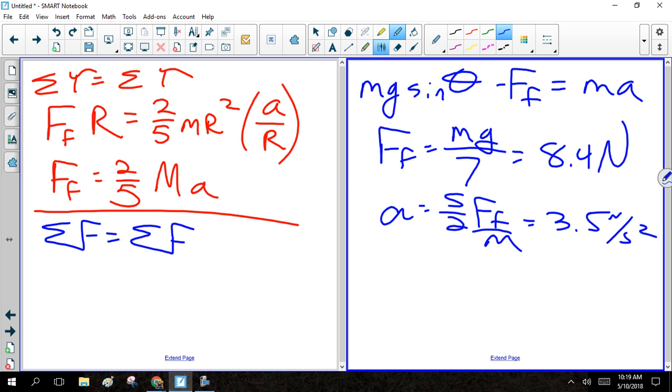All right. Okay, so now part C, it wants the linear speed of the center of mass. Well, let's see. At this point, we know our VI, we know our acceleration, we know our displacement's 4 meters, so you can find VF, right? Clear? All right, now, I'm not going to run through it, but if you wanted to do it the other way, you could use conservation of energy to find the velocity of the ball at the bottom.